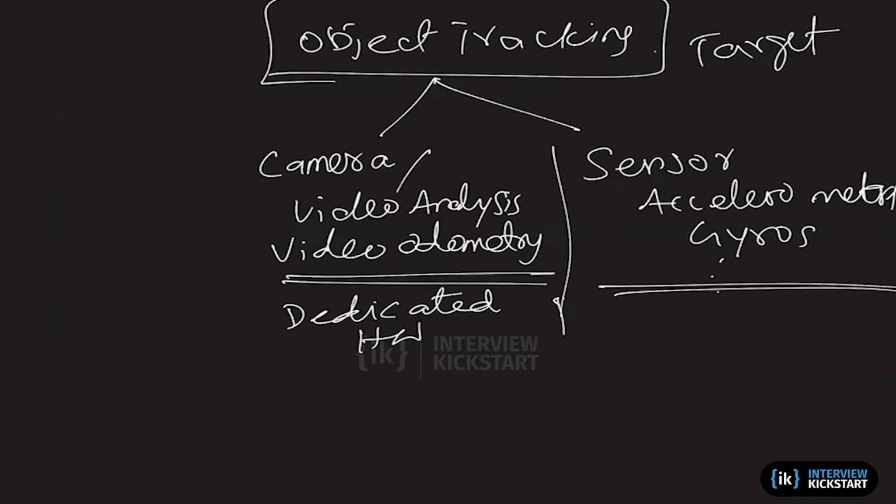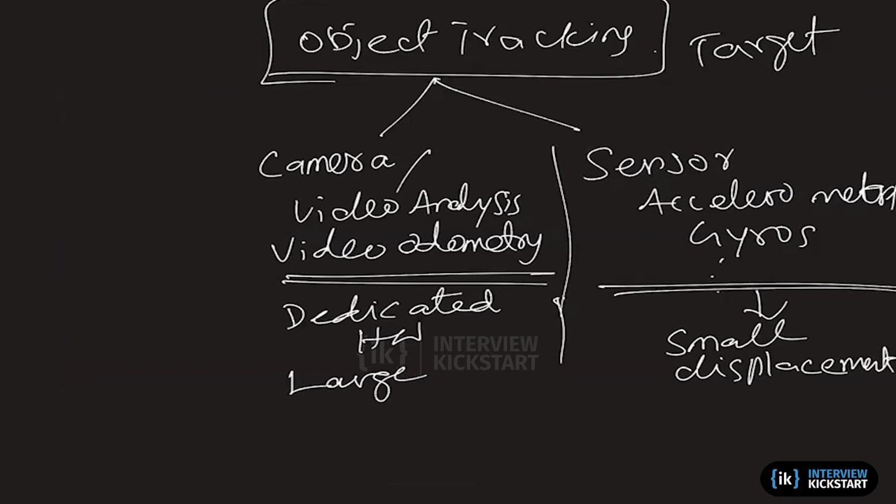But nevertheless, you may have a lot of situations where you're doing too much computation. It may be prudent to use this for small displacements, like simple head movement, etc. And this you may want to use only for larger displacements, if something has moved a lot.